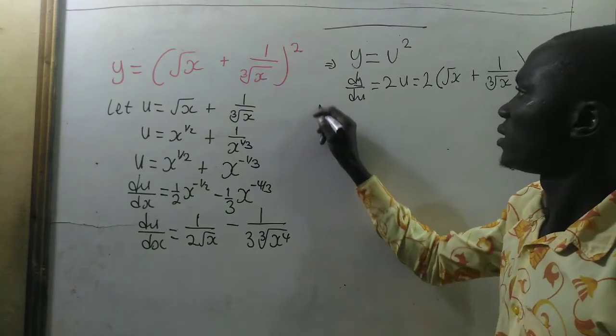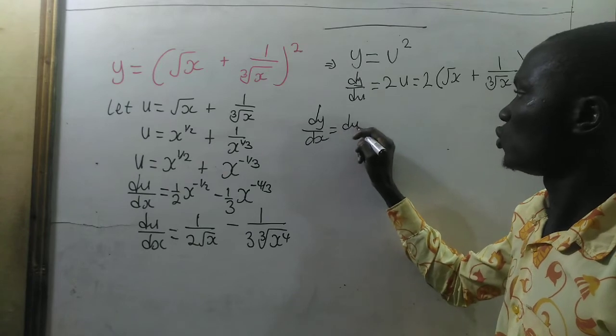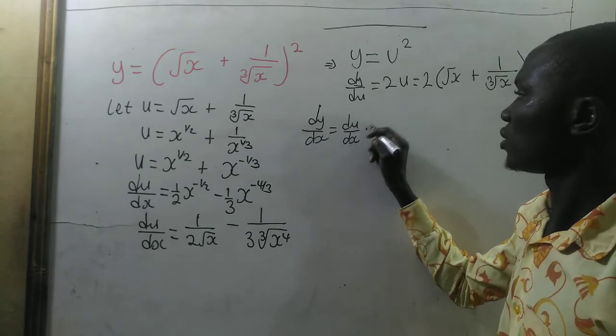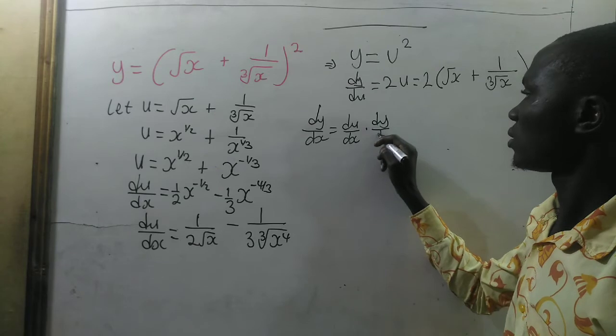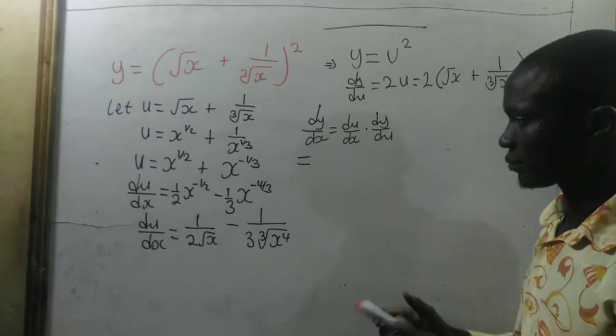So now dy on dx is equal to du on dx times dy on du.